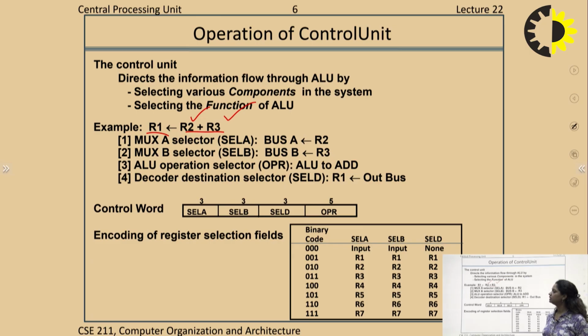To perform this operation, we put R2 in multiplexer A and R3 in multiplexer B, indicating that the 2 operands are selected by mux A and mux B on the basis of their selection lines set according to their position. So we need a selection code for R2 in multiplexer A and for R3 in multiplexer B. After that, the operation to be selected in the ALU is the addition operation.